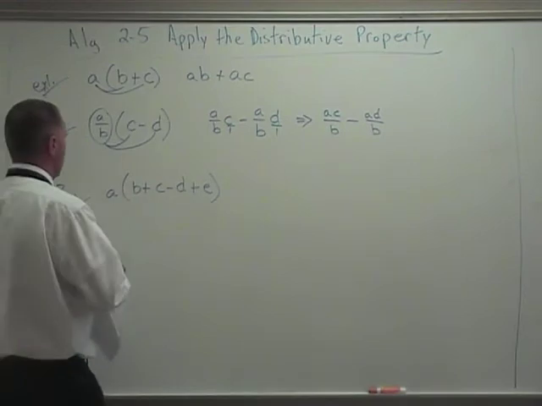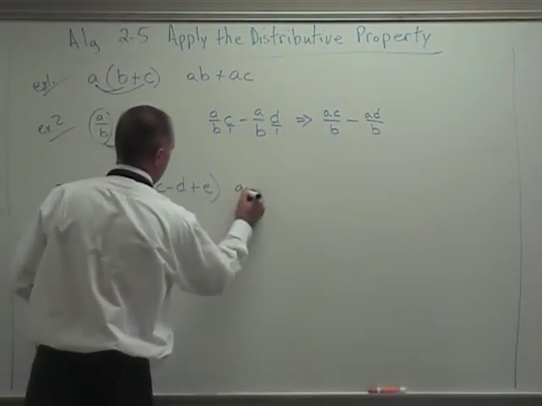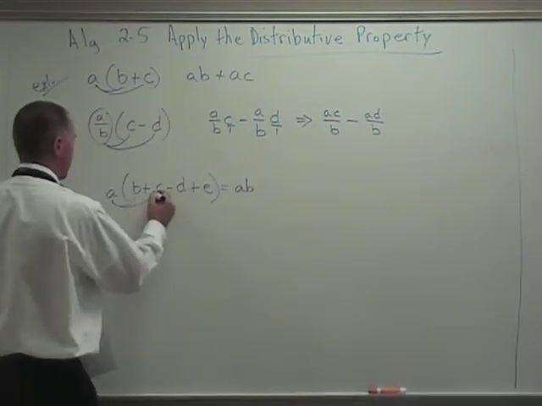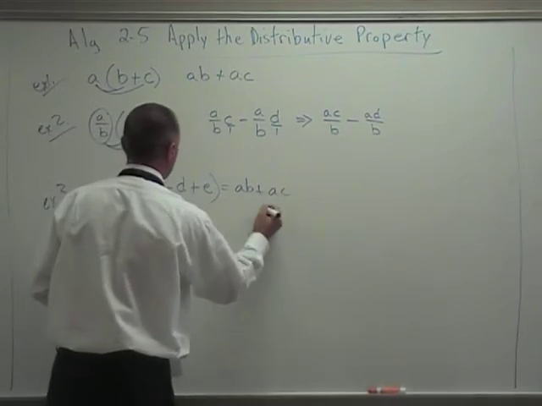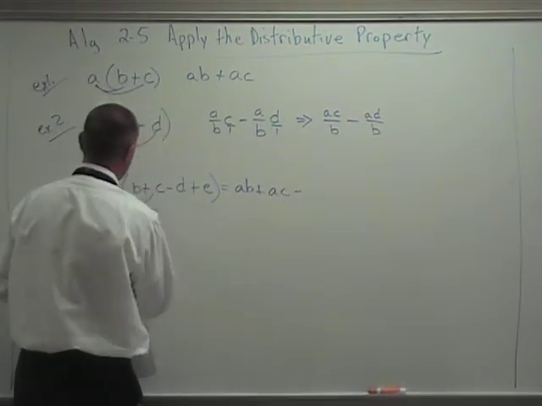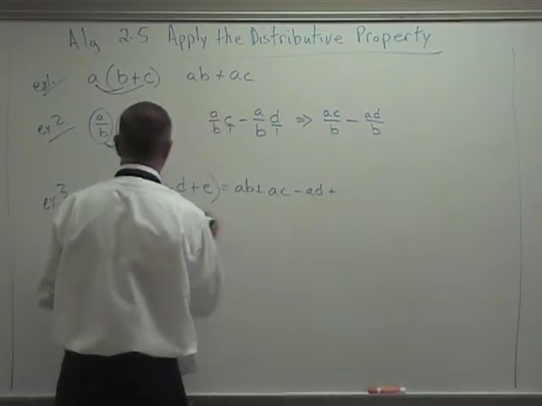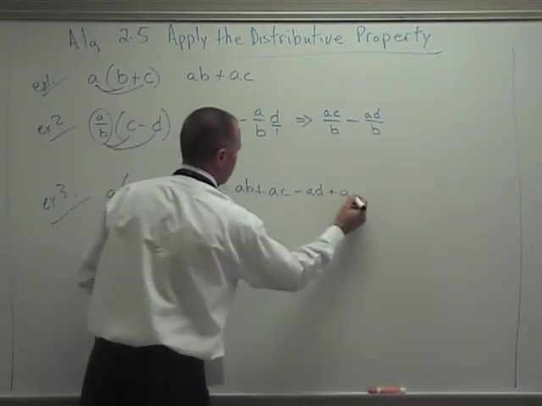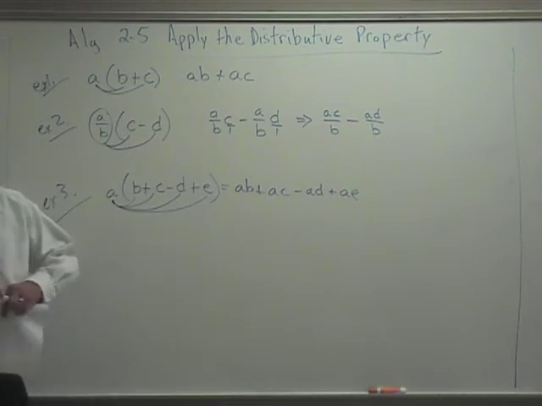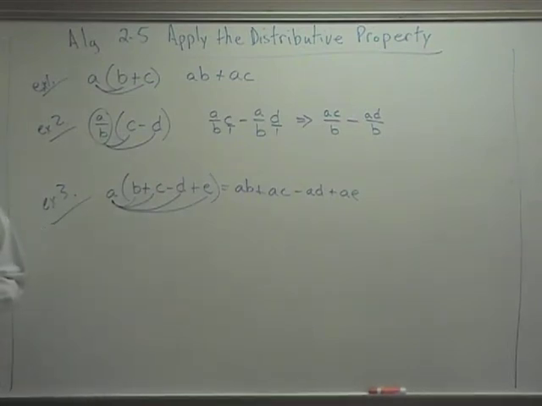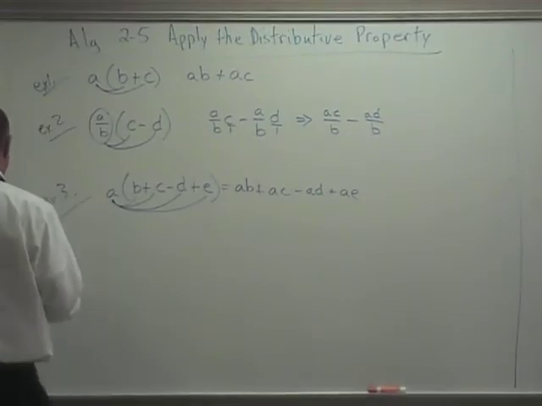Alright, so again, that's AB plus AC. The next sign is minus AD. The next sign is plus AE. You got that right? I got it right. Alright, cool. It's nice to get them all right.